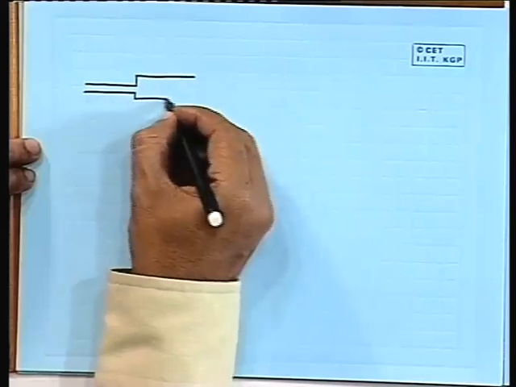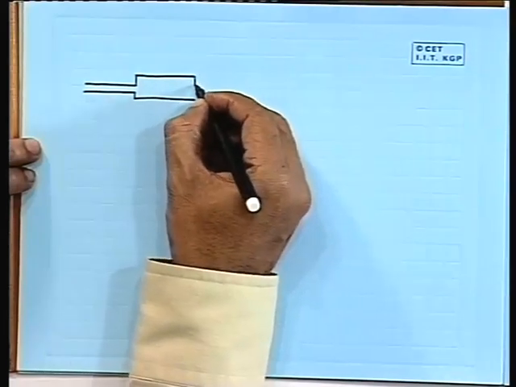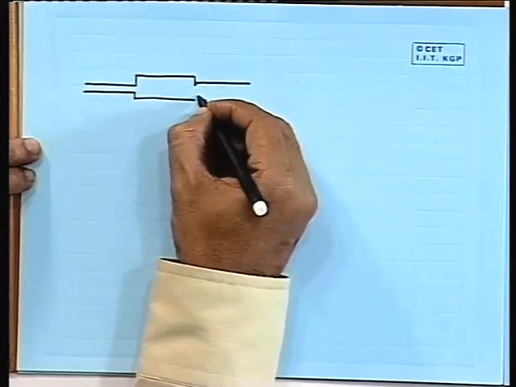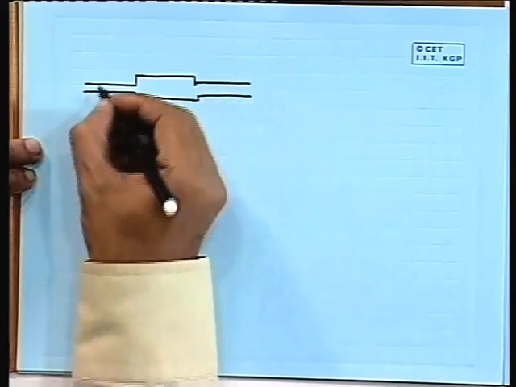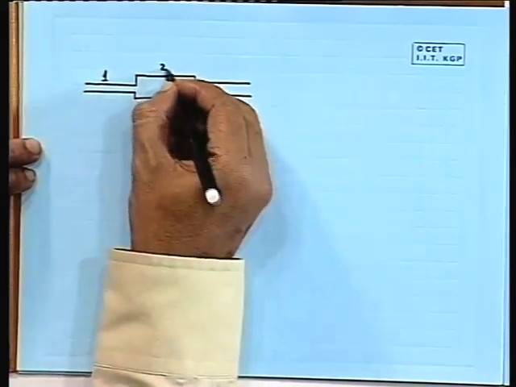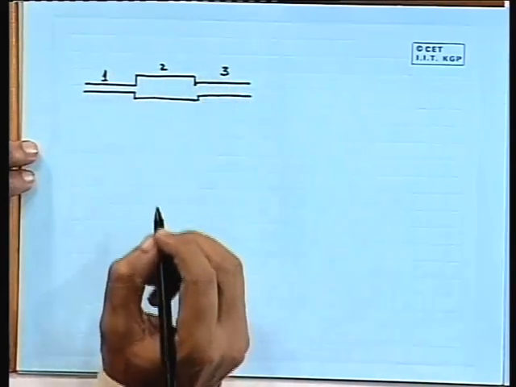Well, what I was telling, that this pipeline problem, they are similar to, or they can be reduced to some sort of electrical network problem. Like we have got a pipeline where we have got pipe elements like this. So, this is element 1, this is element 2, and this is element 3.